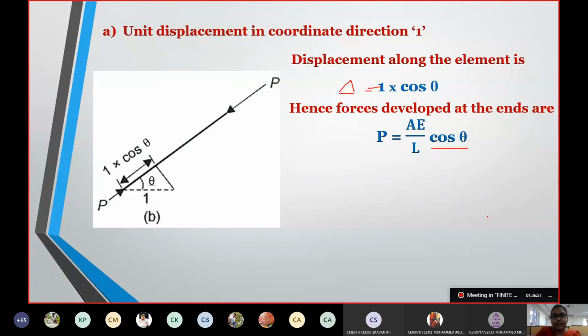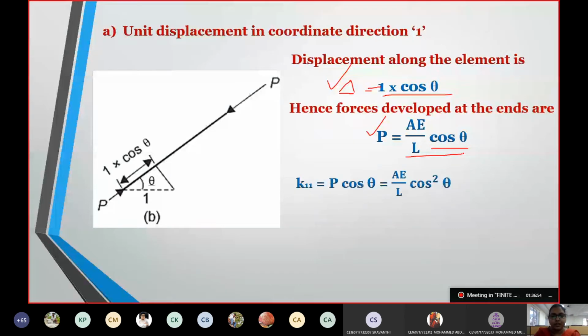Now we know what is the value of delta, we know what is the value of P for the inclined member. These terms, what we get in terms of theta, that is the inclination with the horizontal or the vertical, are called transformed elements or transformed values. So the matrix we get is also the transformation matrix. All right.